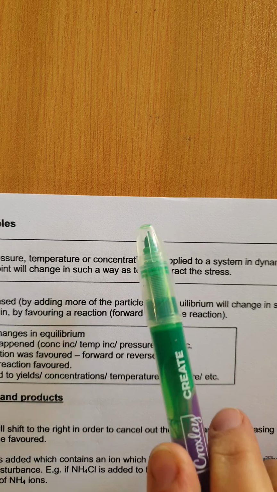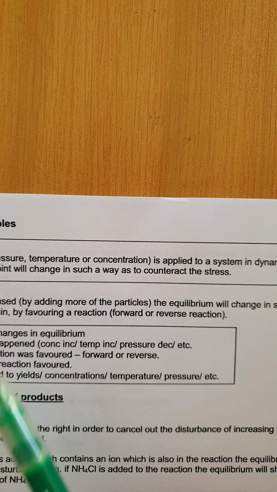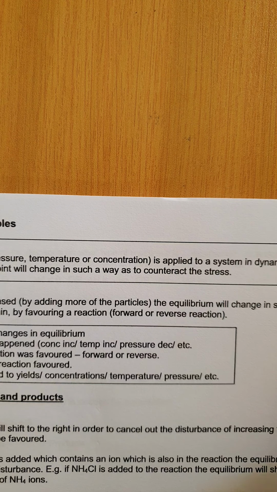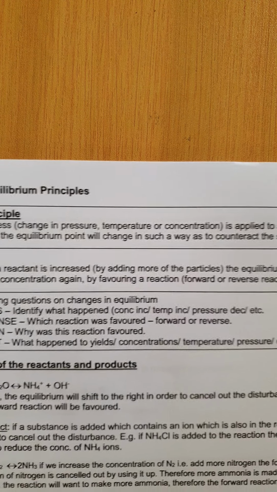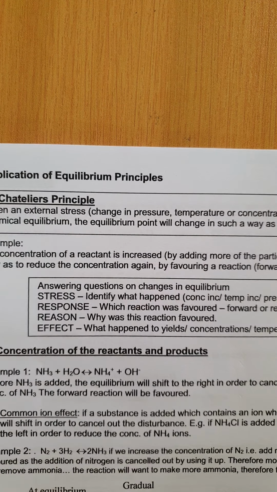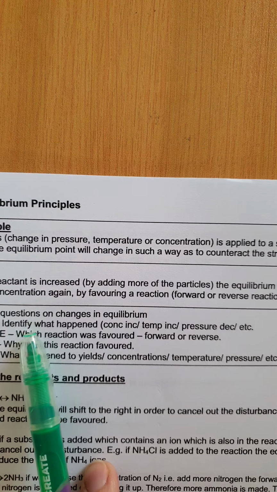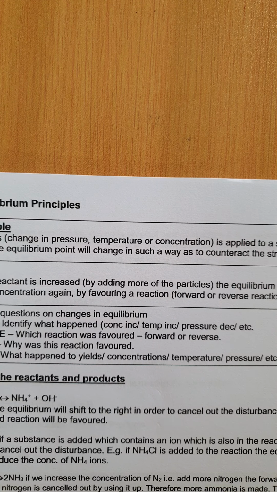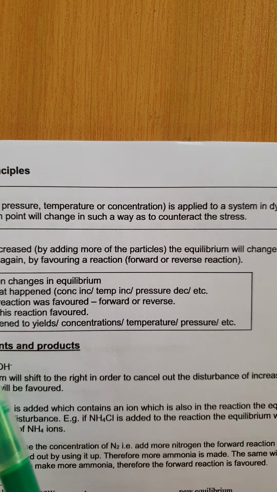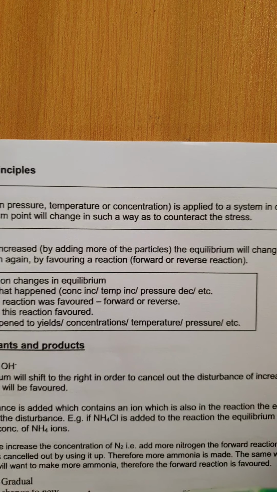So you change the pressure, the reaction is going to react in such a way as to undo what you've just done. Okay, so for example, if the concentration of a reactant is increased, okay, how do we do this? By adding more of a particle. Okay, the equilibrium will change in such a way as to reduce that concentration again by favoring a reaction. So either the forward or the reverse reaction will be favored.